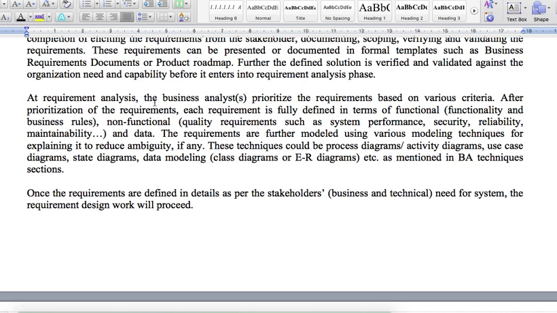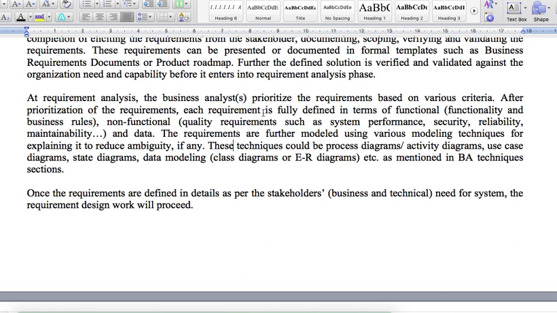At requirement analysis, the business analyst prioritizes the requirements based on various criteria. We will talk about prioritization in detail at a later stage, but here it is important to know that requirement prioritization will happen at this stage once the requirements are fully defined. These prioritizations are important to understand the baselining of the project.